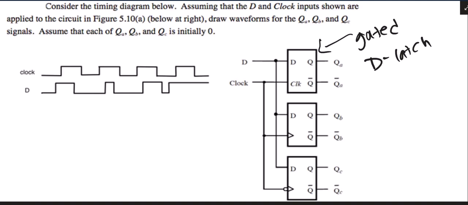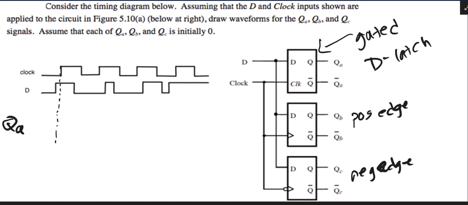This one is positive edge triggered. And this one is negative edge triggered. So for QA, QA can change the entire time the clock is 1.